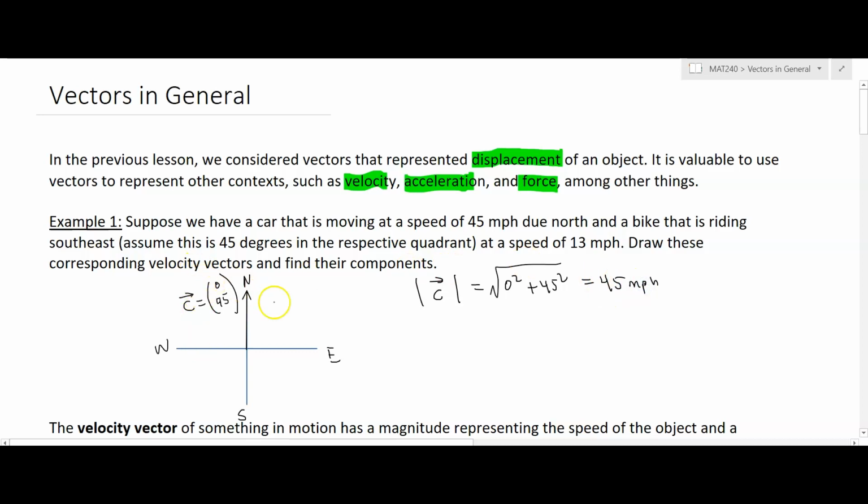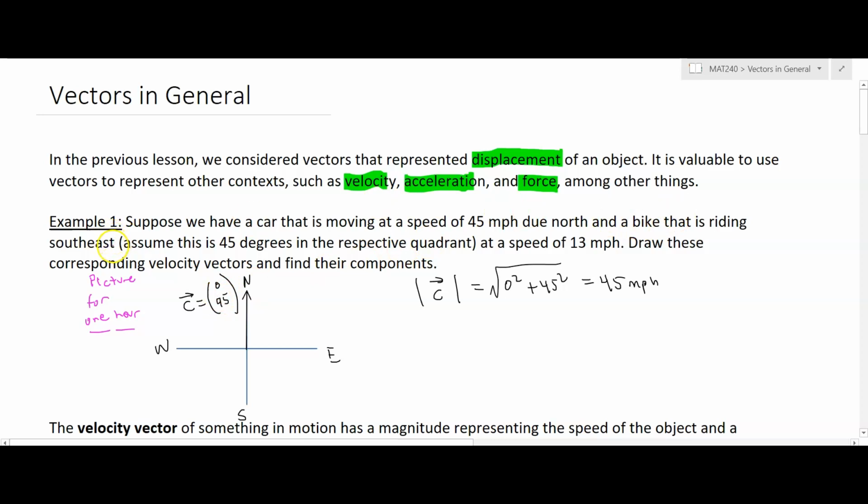Now we often like to think about rate vectors in terms of displacement vectors. So if we think about this vector as representing the picture for 1 hour, then we could think about this 45 as 45 miles. So in 1 hour, you would travel 45 miles north.